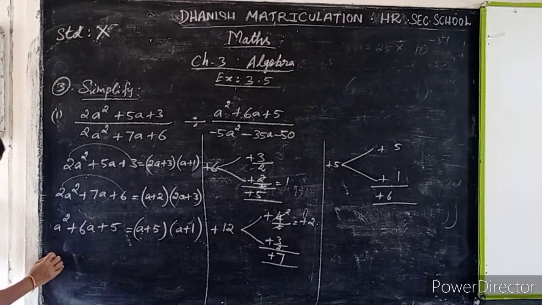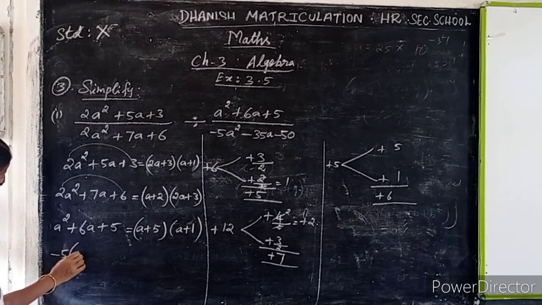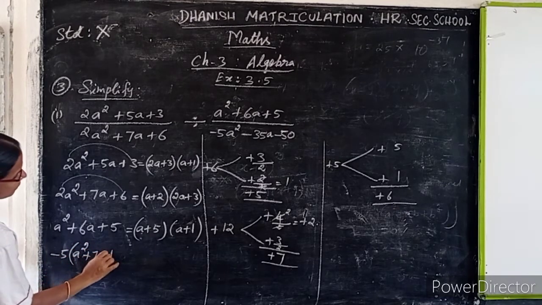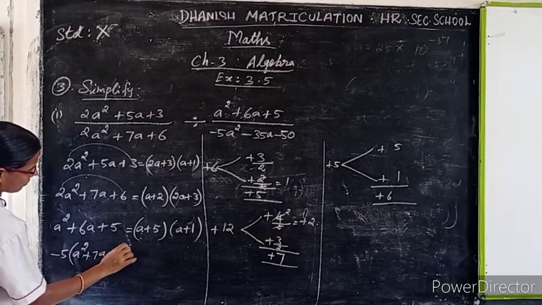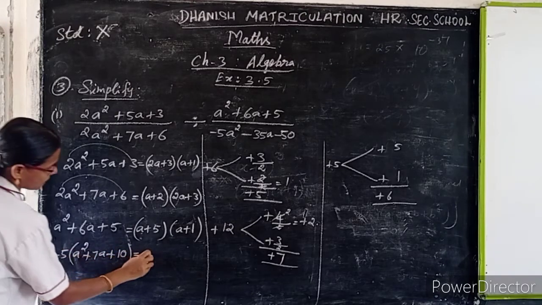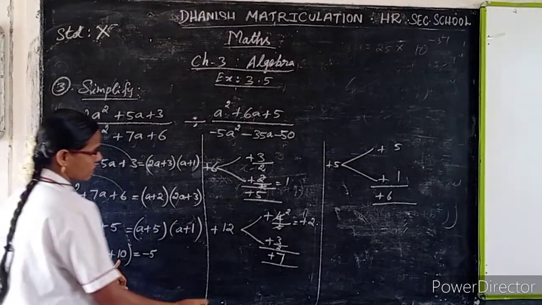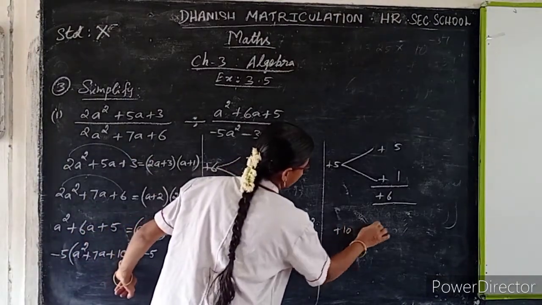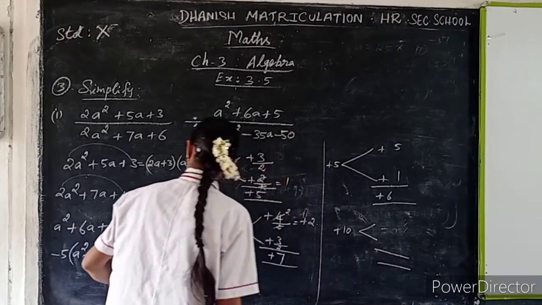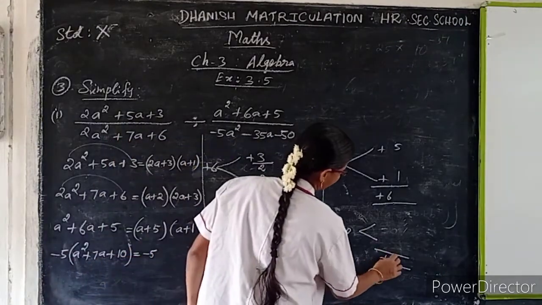For this, minus 5 is common. So a square plus 7a plus 10. Write this minus 5 here first. Then find the factors. Here plus 10, the coefficient of a is plus 7.